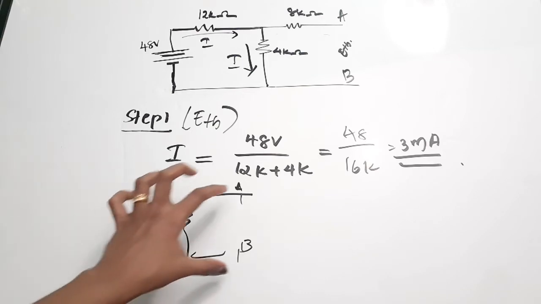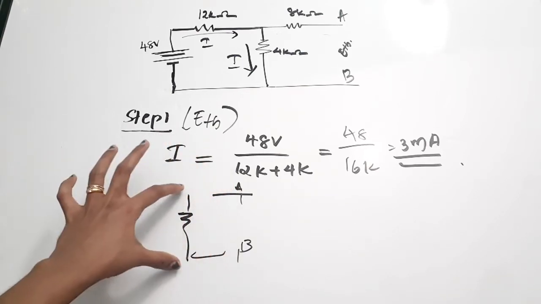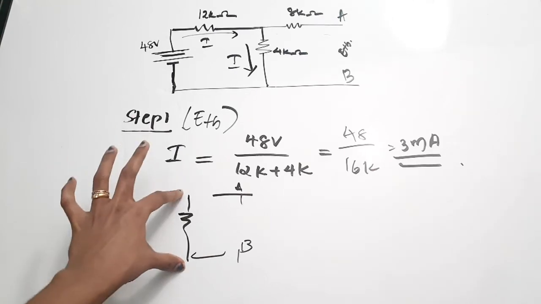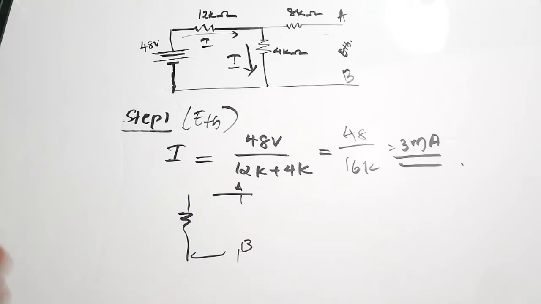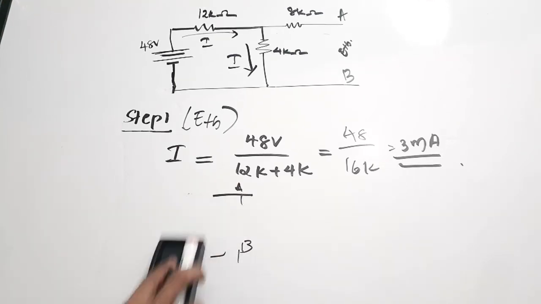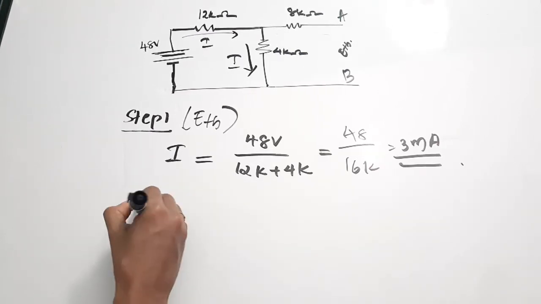Taking this portion where we want to find the voltage, that portion is connected in parallel to a resistance. So whatever voltage is coming here will be the voltage across AB also, right? Because we know that for parallel connection, voltage is same. So, VAB or ETH, we can write like this.